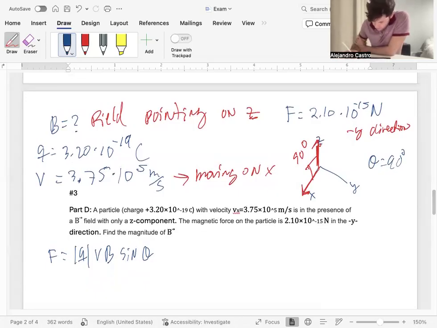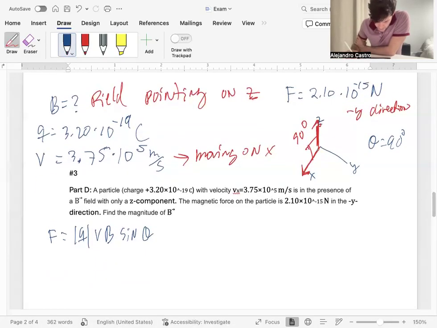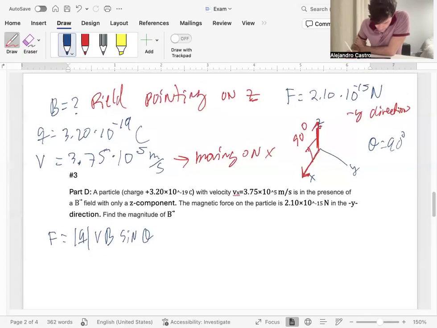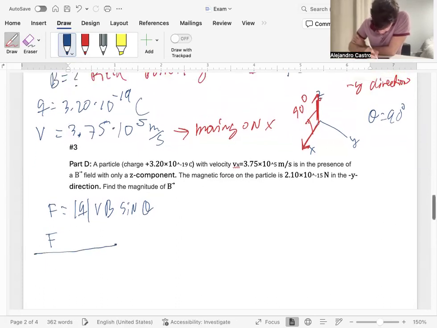Let's plug in everything we have here, or no, before that, let's rearrange for what we need to find, which is the field.